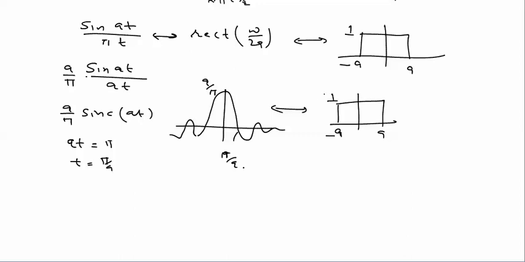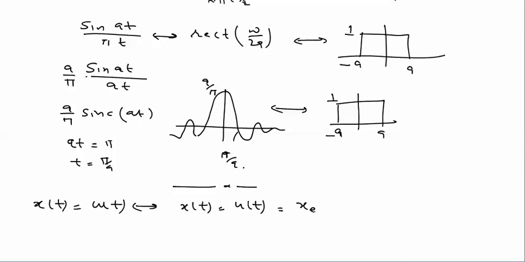Now we move further. I take one more example for the Fourier transform: x(t) is u(t), the unit step. We want to calculate the Fourier transform of the unit step. What is the idea for the unit step? The unit step is composed of two signals, the even plus odd components of the unit step.